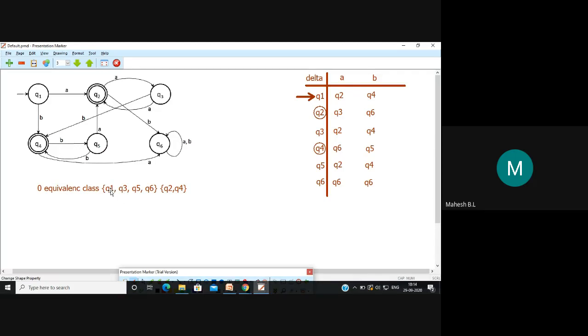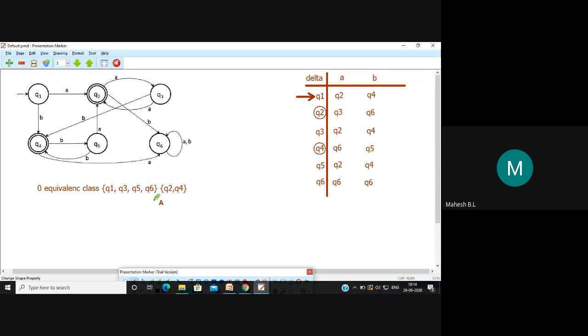Now, again, we are going to follow the same procedure. Q1 on A is Q2, Q1 on B is Q4. That means Q1 is making a transition to this class on both A and B. Q3 is also making Q2, Q4. Then Q5 is also making Q2, Q4. But Q6 is making a transition to the class in which it is.